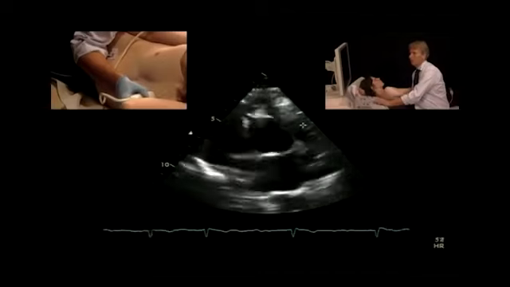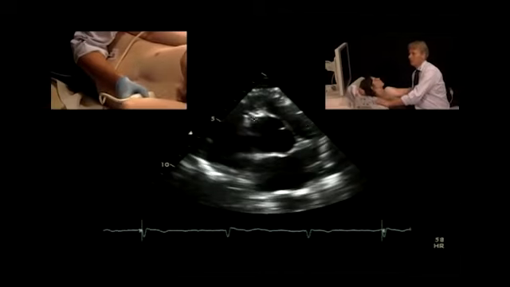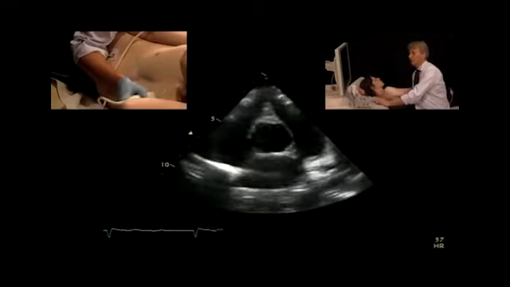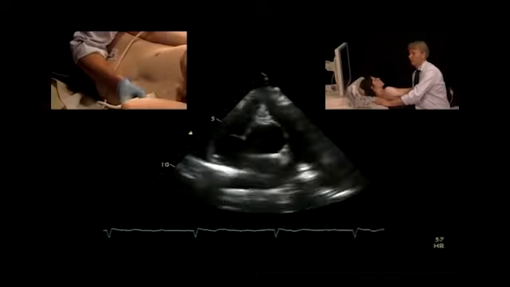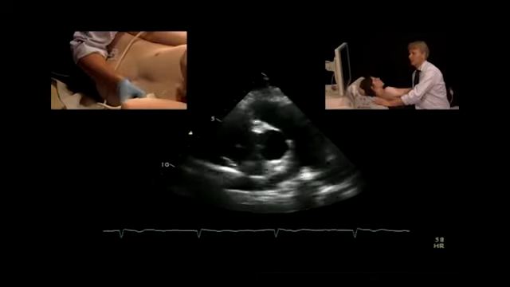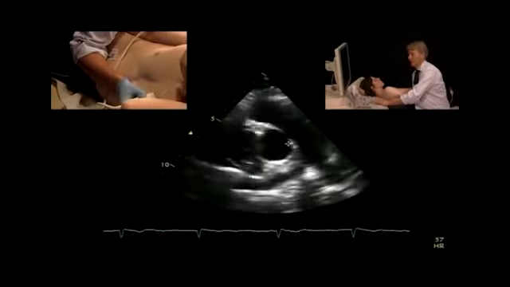We can also see certain details. For example, here, it is possible to even see the origin of the right coronary artery. The left coronary artery is more difficult to visualize in a short axis view. It would be somewhere down here.